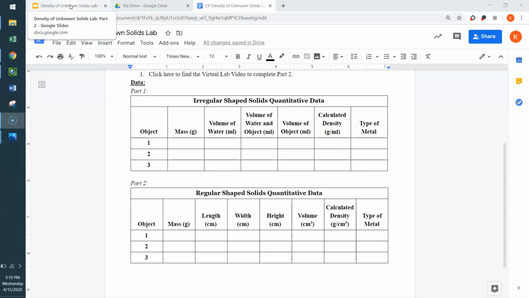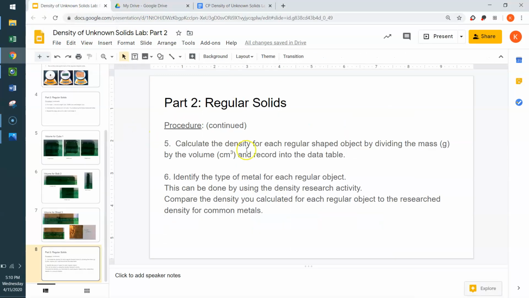Now, once we have managed to calculate the volume, it is all about figuring out the density for each regularly shaped object, and much like last time, you're simply taking the mass and dividing it by the volume, and then recording that in the data table for each of the 3 regular shaped objects.